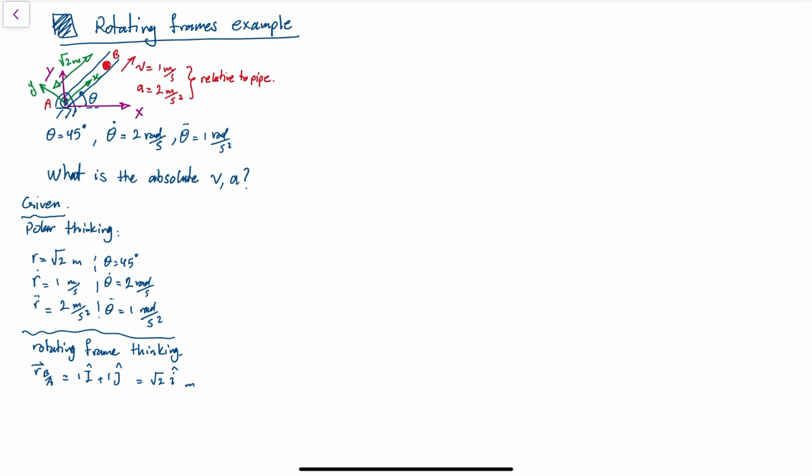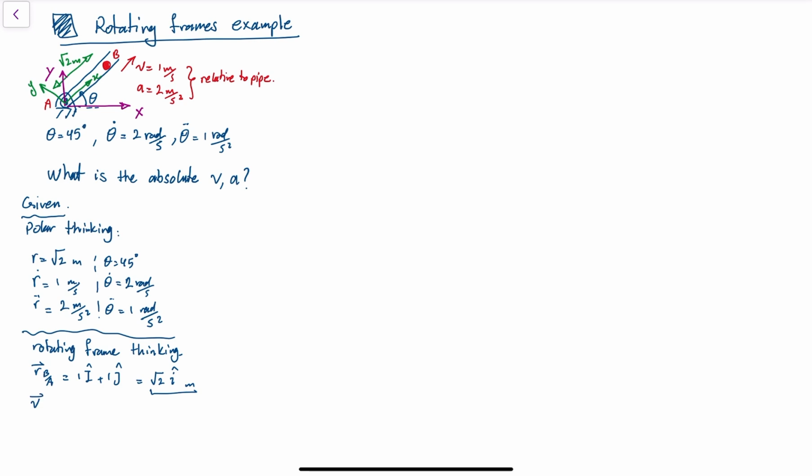Because the rest of my information, specifically the velocity and acceleration given, are relative to the pipe, they are easier to write in the little ij frame. So I stick with this one. From there, we also have velocity.